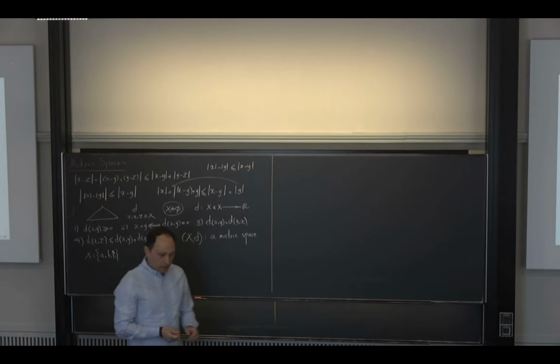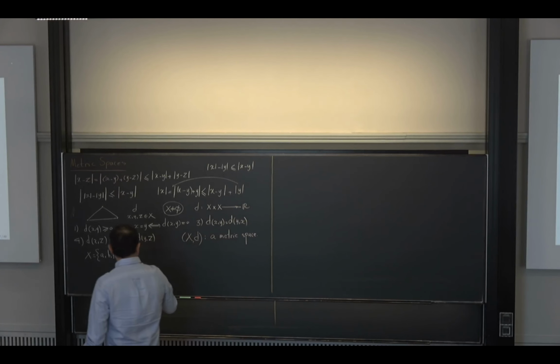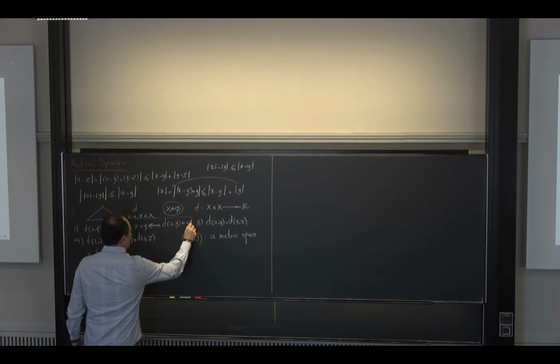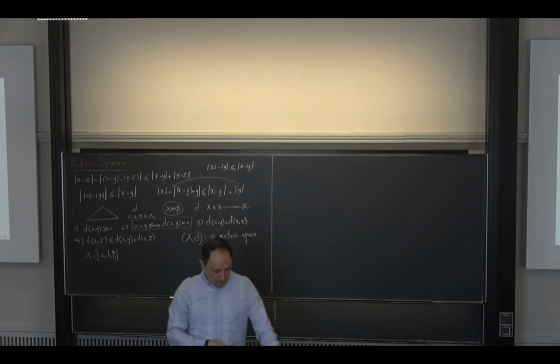So let me also go to the next slide. Each axiom has a clear intuitive meaning. We talked about that. The first one is called non-negativity. It means the distance between 2 points cannot be negative. This property is called positive definiteness. So positive definiteness, what does it tell us?